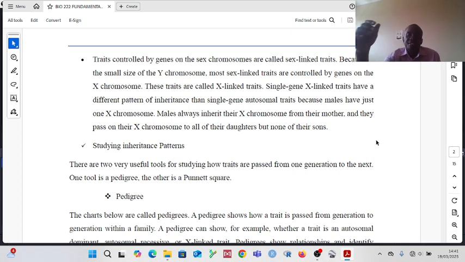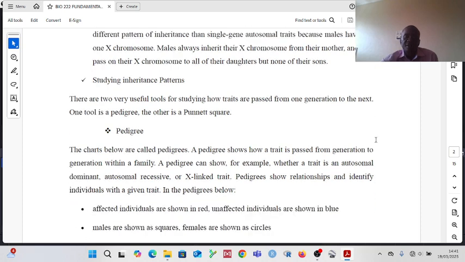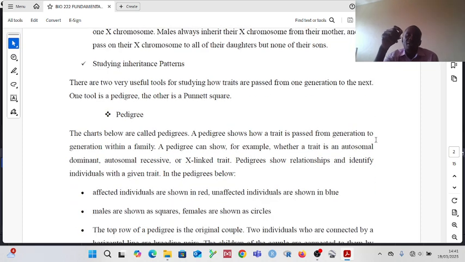So that now leads me to the next bit, where we want to look at how we inherit traits from our parents. Okay, through which patterns. So how do we study the patterns through which we inherit traits from our parents? In order to study that inheritance pattern, there are two critical tools that are used.